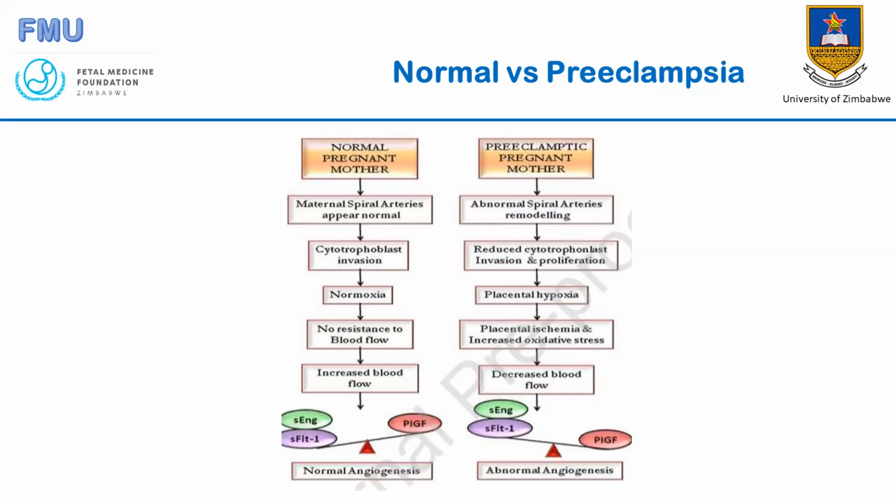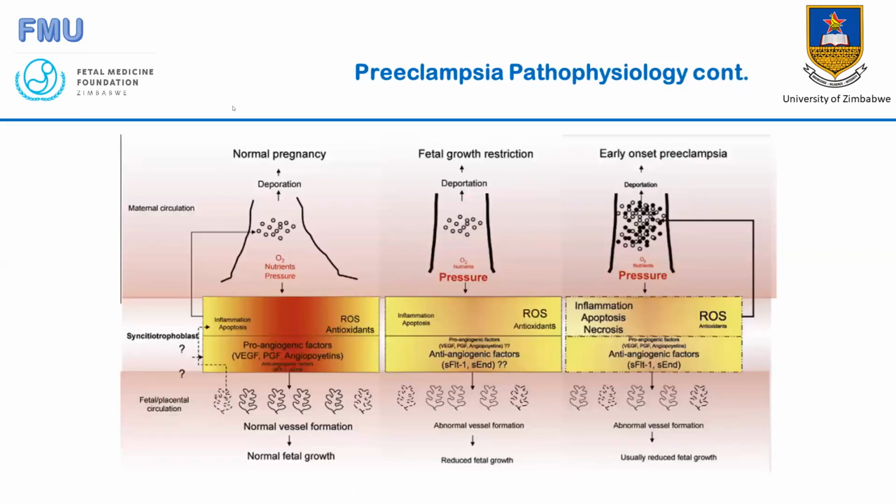Whilst, as you can see on the scale there, in preeclamptic pregnant women there's a tipping of those hormones: the soluble endoglin as well as the sFlt-1 increase. These are anti-angiogenic factors, and there will be a decrease in the placental growth factor. This is further depicted in the next diagram.